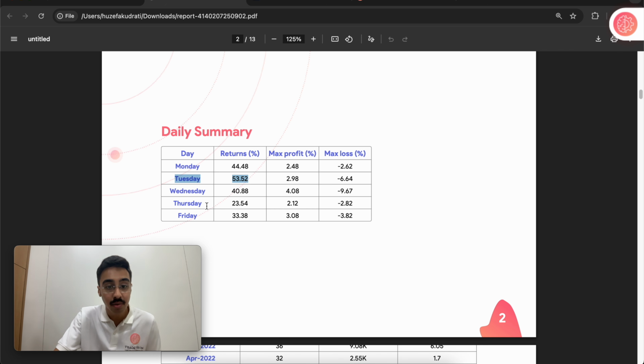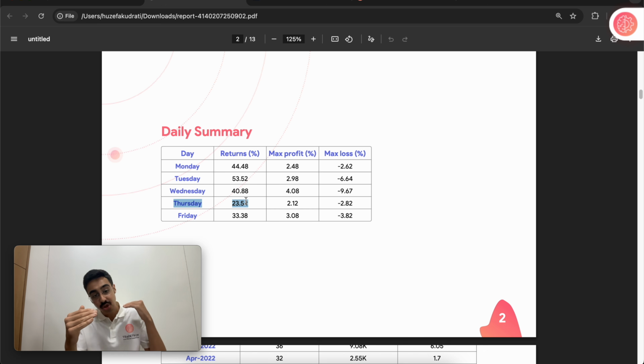But on Thursdays, I can see that the returns have been the least out of all of them. So maybe on Thursdays, I would want to cap my targets and keep my stop losses small, so that my strategy quickly takes an entry. If it doesn't work out, it quickly fails, so that I can stand up again on the next day of the trade with a minimal hit on my overall PNL of that strategy.